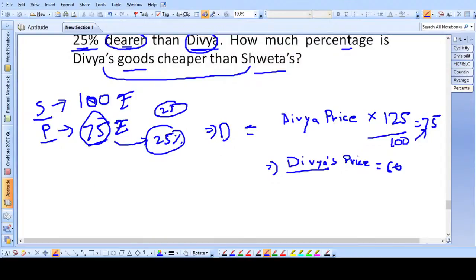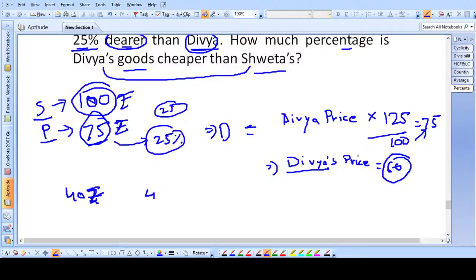What you can see is that Divya is selling at 60 rupees. Shweta was selling at 100 rupees. Can you see? So this is 40 rupees more. So clearly Shweta has been selling at 40 rupees more. So Divya's good is 40 rupees cheaper than that of Shweta.